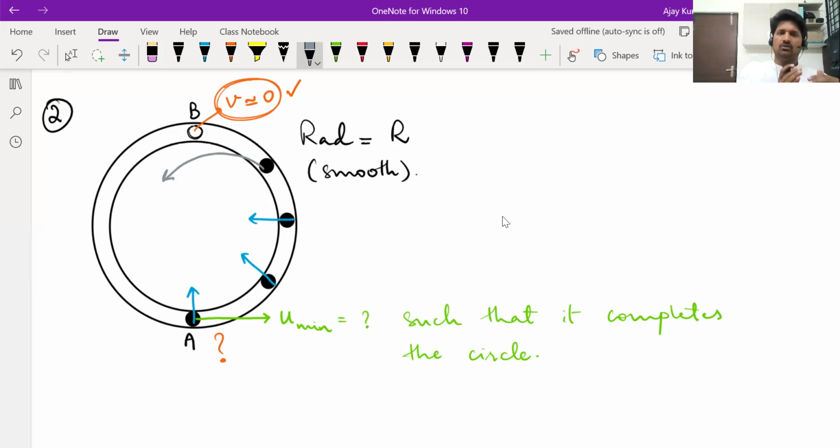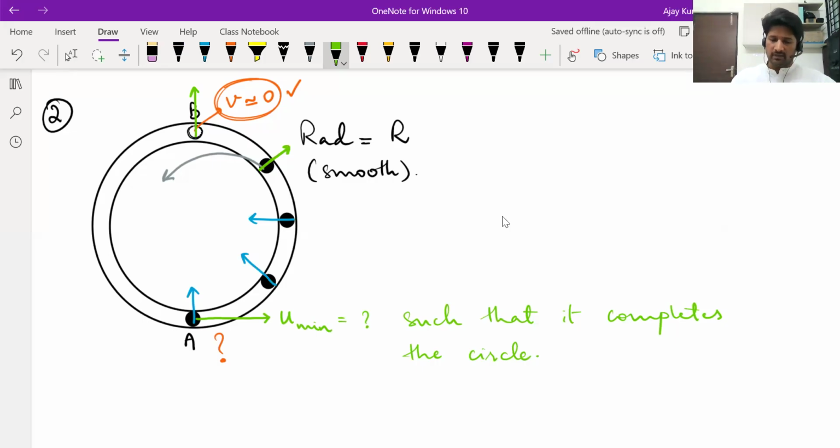When it has a tendency to fall into the circle, the outer surface won't be exerting any normal. It will be losing contact with it. But it now relies on the inner surface. So then the normal force will start acting this way. Situation is like this now. The inner surface will start exerting the normal force, because now the ball will be taking support from the inner surface.